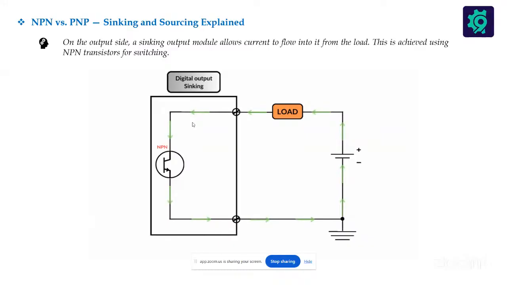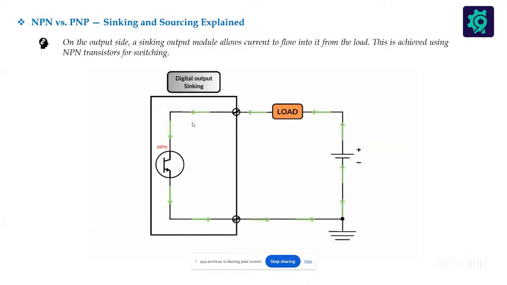Through the load, the positive signal enters into the PLC, and the negative stands as the common. That is for sinking.